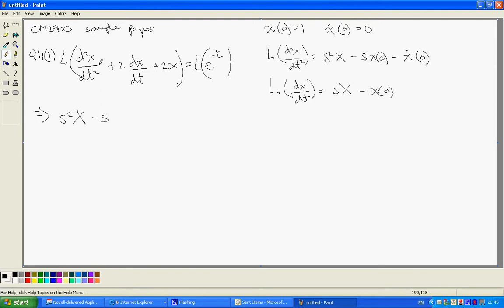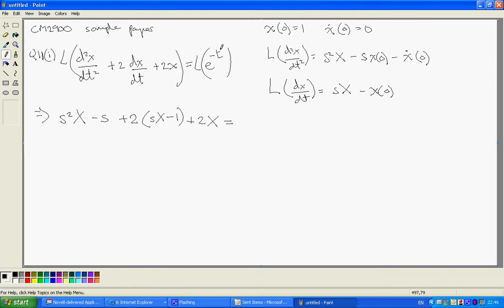So that takes care of the first term, and we need plus 2 times the transform of dx by dt, which is sX minus 1. And then lastly we have 2 times the transform of small x, which is big X.